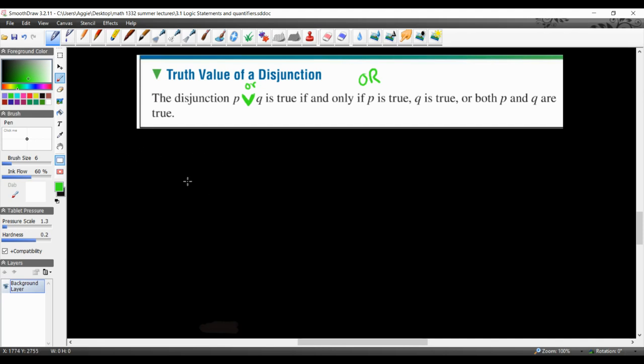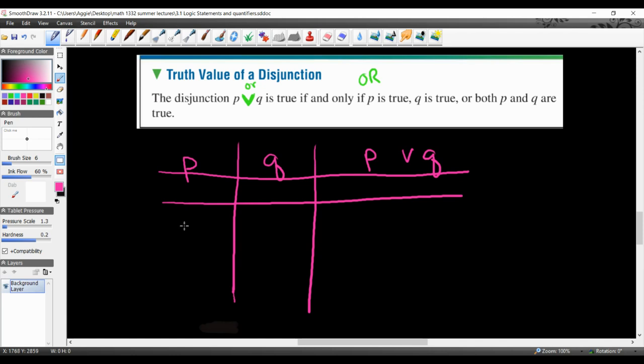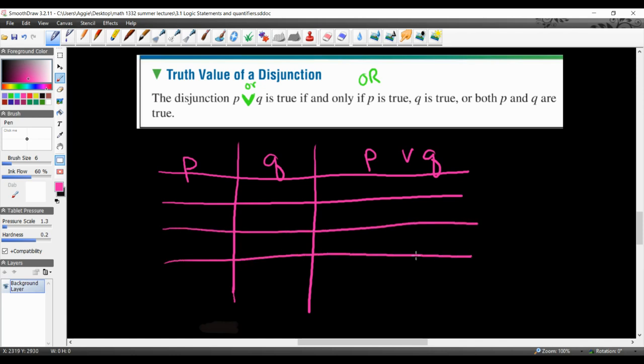So we're going to do the same exact thing. I'm going to make another truth table. So we have P, we have Q, and then we have P or Q. It's kind of like the one we did before, except the last column. My last column is now P or Q, not P and Q. So I've got to make my table.